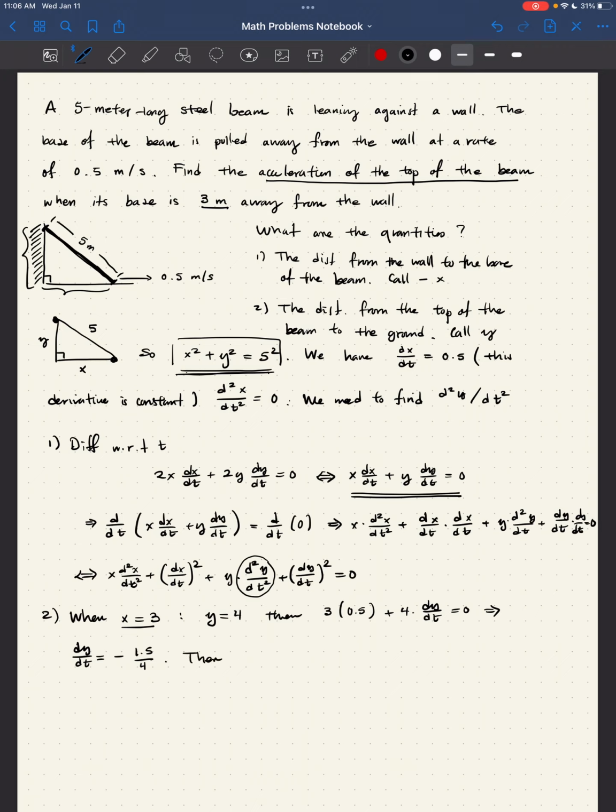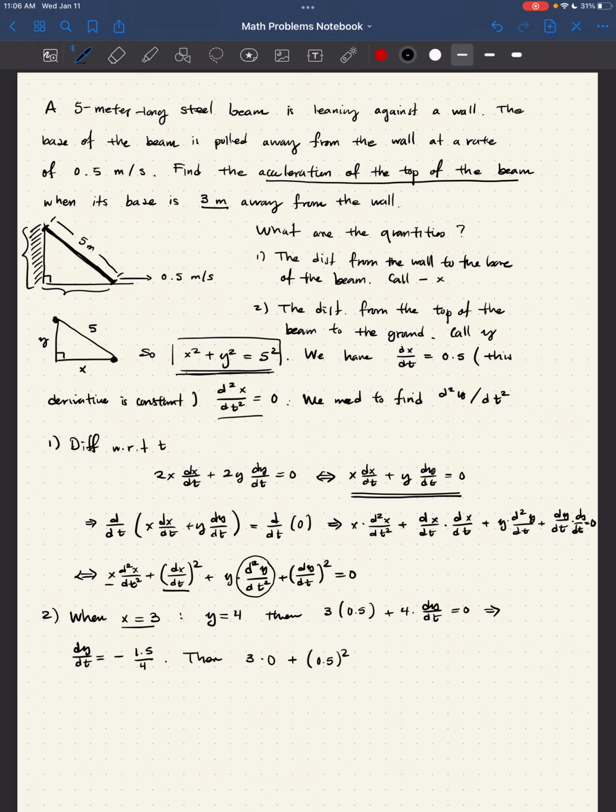So now we have x is 3. The second order derivative of x with respect to t is 0, which is something that we know from the problem itself. Plus the square of the velocity in the x direction, of course. That would be 0.5 squared.